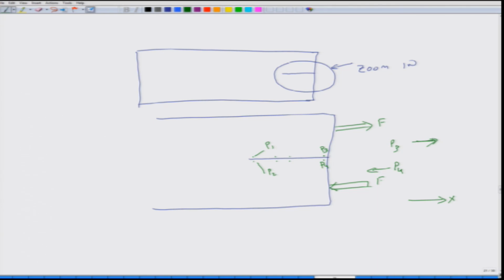So, in such a case, we do not impose the condition for continuity of the primary variable, even though both the points are at the same physical location. When we impose the condition of continuity, we have to look at the physics of the situation.